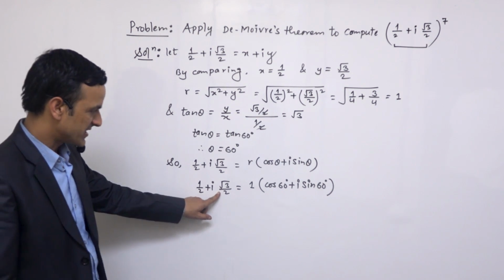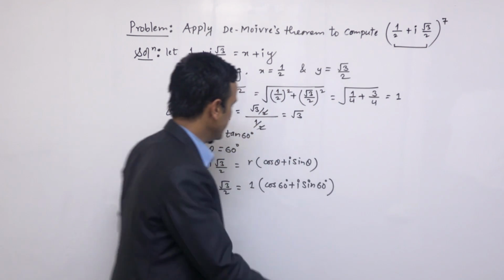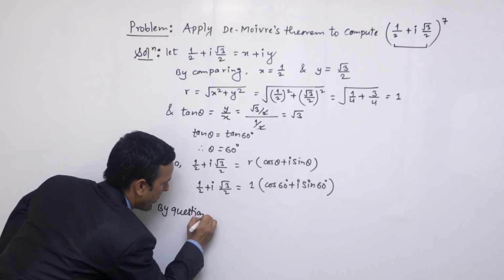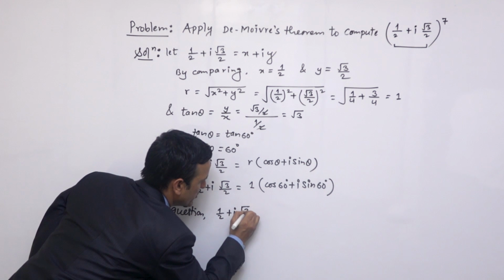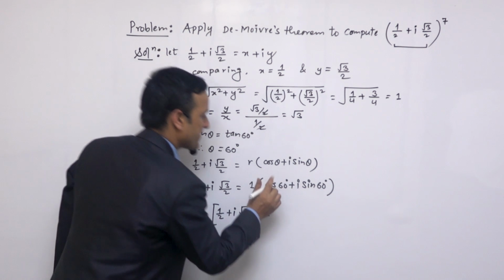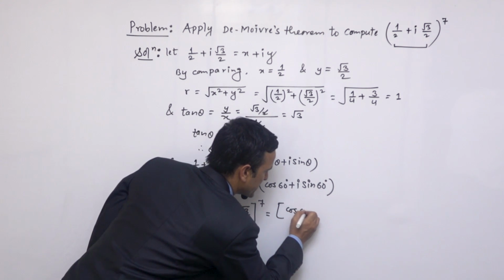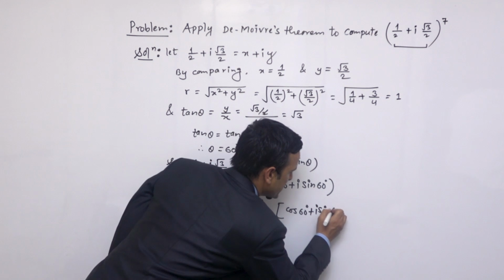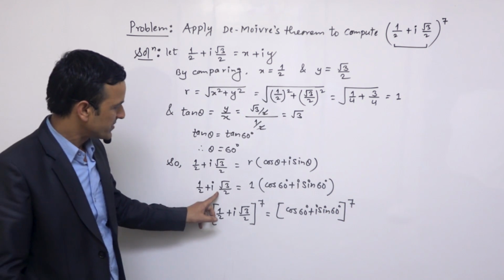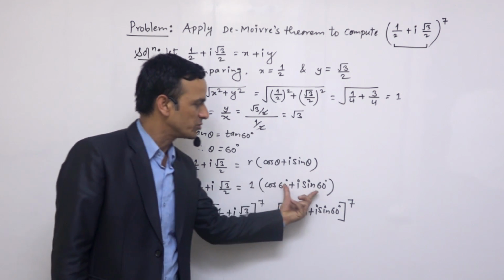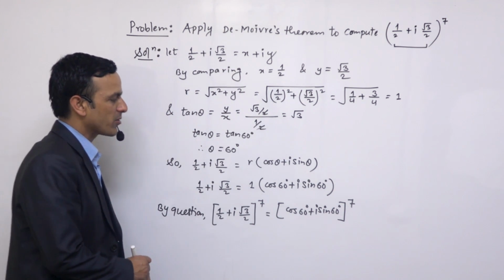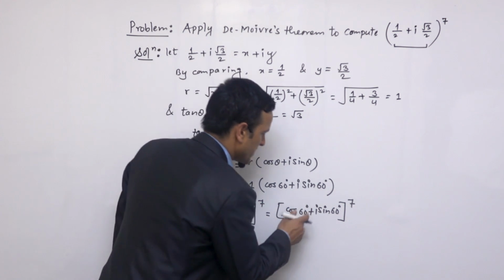अब हामीलाई यो क्वेशन छँदैछ तर क्वेशन 7 भएको हुनाले so by question, 1/2 plus i √3 डिवाइड बाई 2 यसको पावर 7 भएको हुनाले हामीले यसलाई पनि पावर 7 गर्नुपर्छ, cos 60 डिग्री प्लस i sin 60 डिग्री को पावर 7. सो क्वेशनमा पावर 7 भएको हुनाले दिस इज इक्वल टु दिस भयो भने यो एक्सप्रेसनमा पनि पावर 7 इन्सर्ट गर्ने, र यो पावरमा अब now we can use de Moivre's theorem.